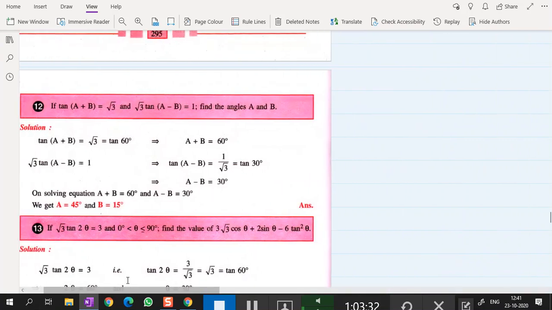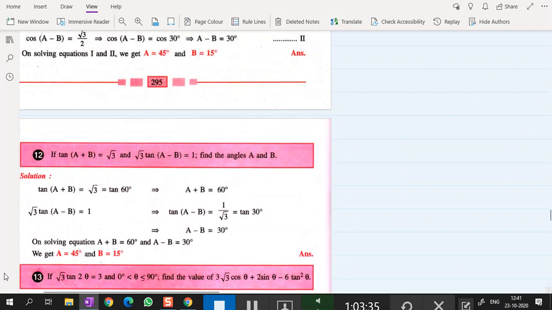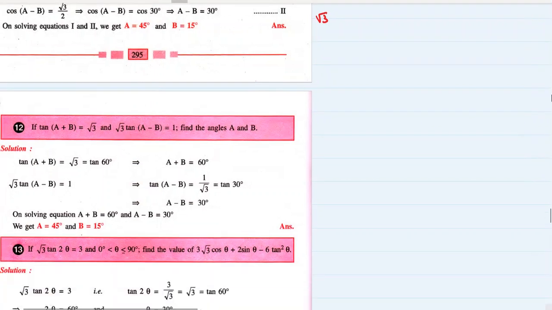Okay, so there is theta which was not given. If root 3 tan 2 theta is 3, root 3, wait, I'm going to solve it here itself, okay? So please don't feel bad.